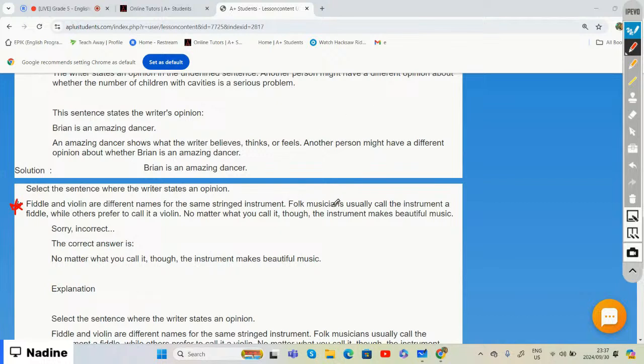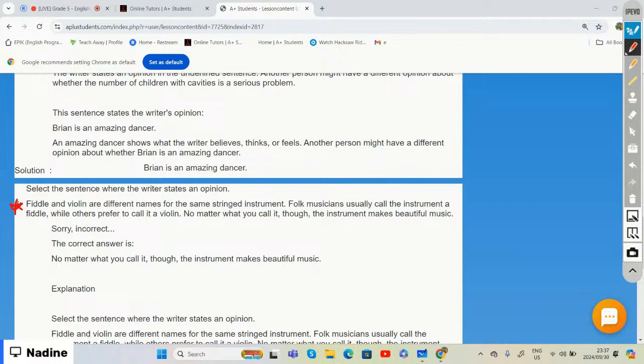Now we say folk musicians usually call the instrument a fiddle while others prefer to call it a violin. No matter what you call it, though, the instruments make beautiful music.